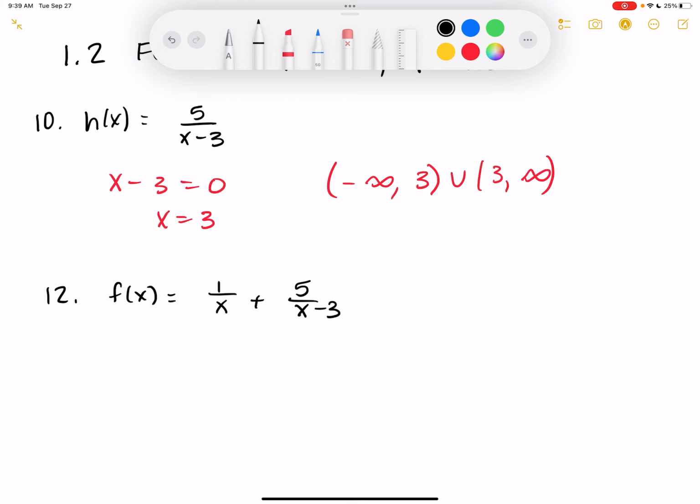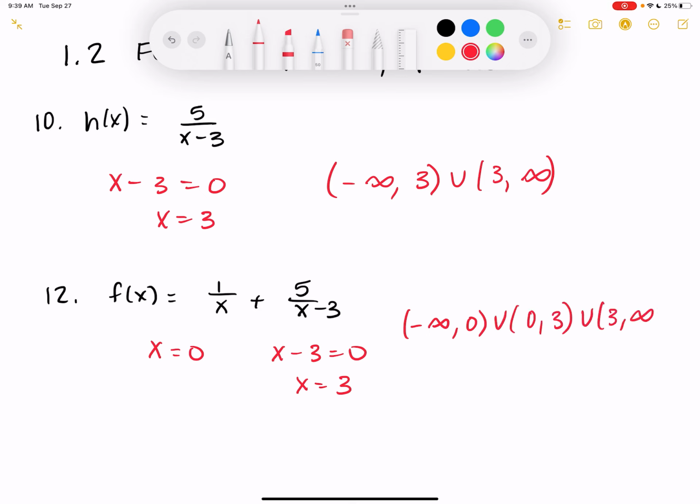So if I do that, then I can just set each piece equal to 0 and solve. So x equals 0 and x minus 3 equals 0. So x equals 3. So all real numbers work except for 0 and 3. So I'm negative infinity to 0, union 0 to 3, union 3 to infinity. So I have removed the numbers that I can't have.